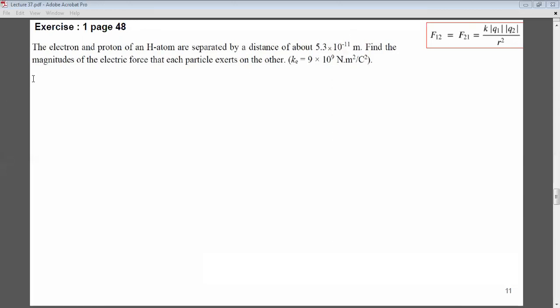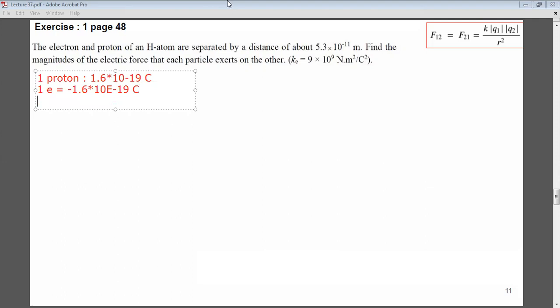So here I have the proton, the first charge. We have one proton whose charge is 1.6 times 10 power minus 19 coulomb, and one electron whose charge is minus 1.6 times 10 power minus 19 coulomb.